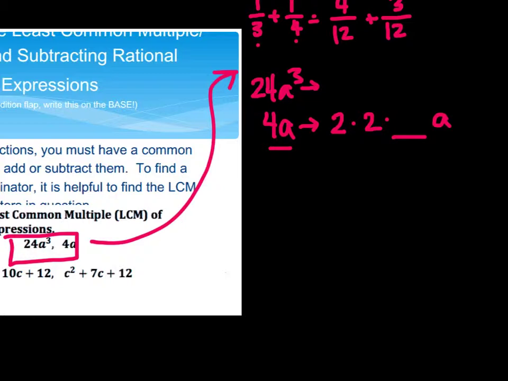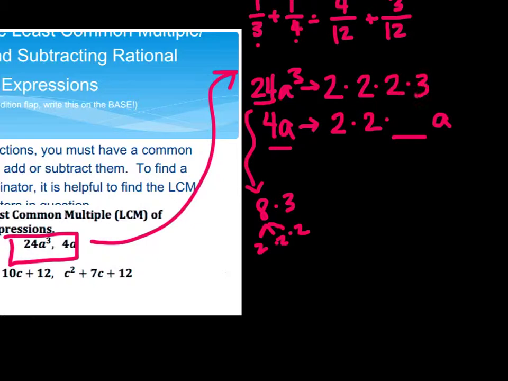24a to the third, we're going to break that up. 24 is essentially 8 times 3, and 8 is 2 times 2 times 2. So we can write 24a to the third as 2 times 2 times 2 times 3 times a times a times a.